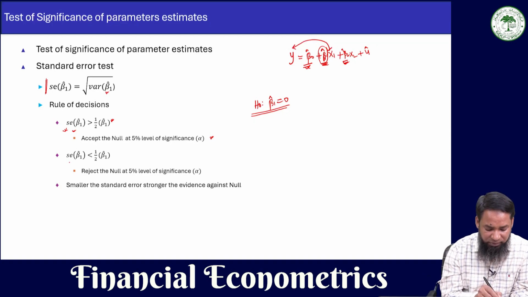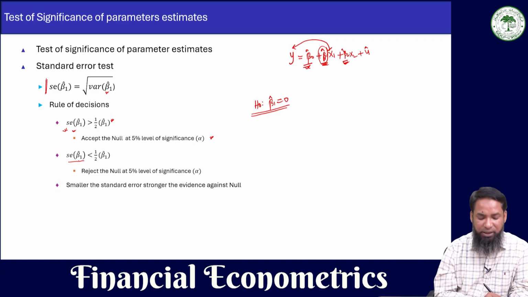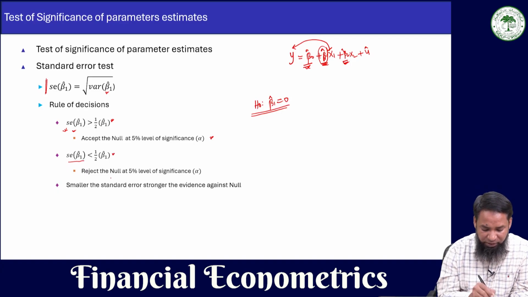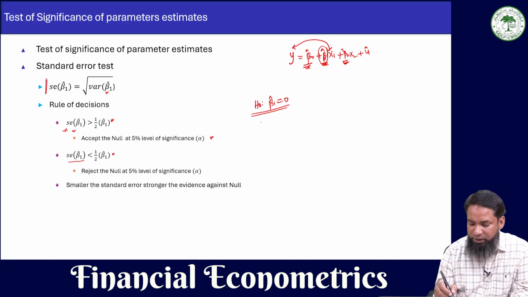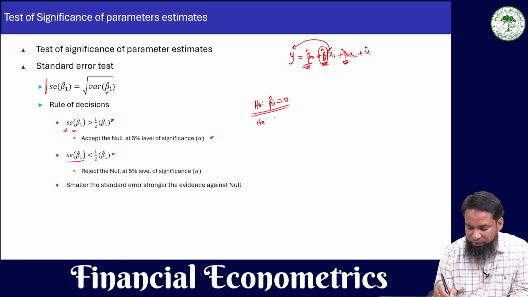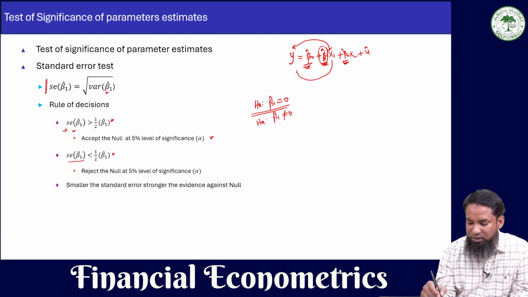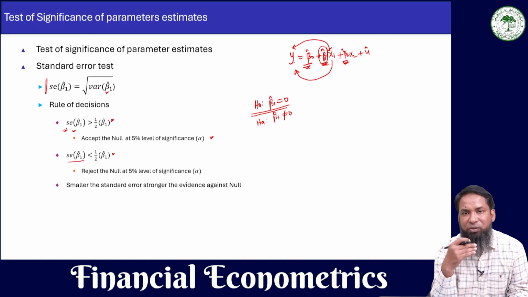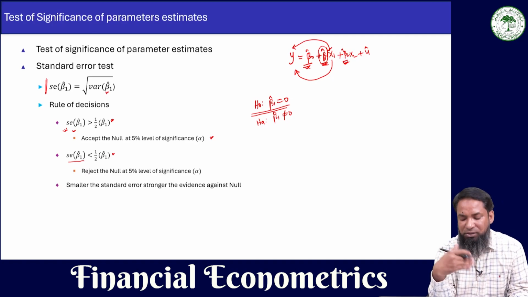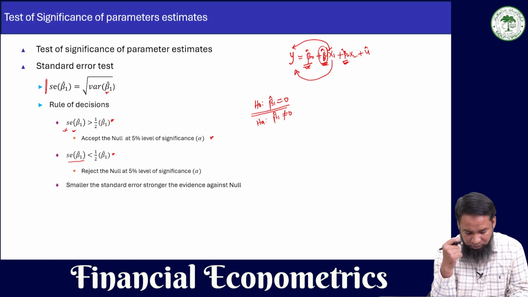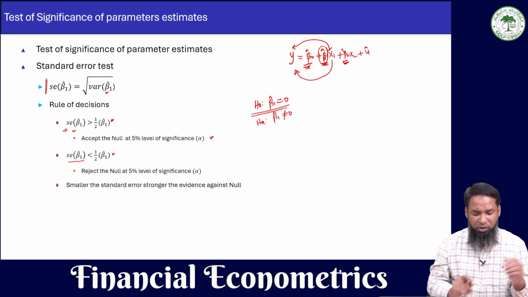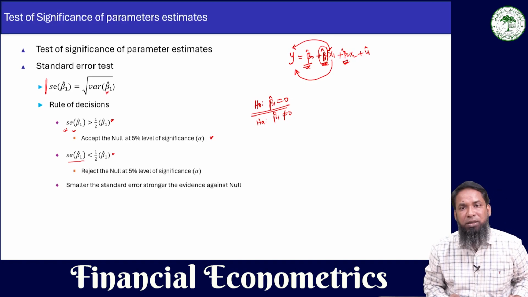On the other hand, if the standard error of beta 1 hat is less than half of beta 1 hat, then we reject the null. Rejecting the null means we may accept the alternate, that beta 1 is not equal to 0. That means there is a significant relationship between x1 and y, or we can say x1 significantly affects y. Now, the smaller the standard error, the stronger the evidence against the null.